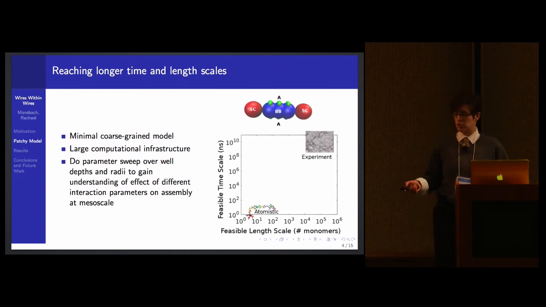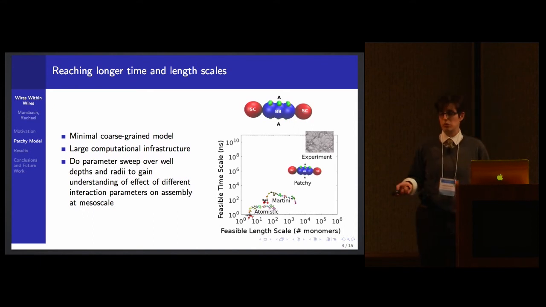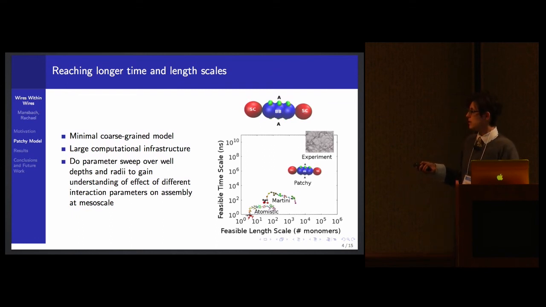So at that point, what we did instead was go to a couple of different, more coarse-grained models. The one I'm mostly going to be talking about today is this Patchy model. We're losing some resolution, but we're getting up towards experimental length and timescales, and with a good computational infrastructure, we can even scan over the different parameters of this model in order to understand how they affect the aggregative properties of the system.